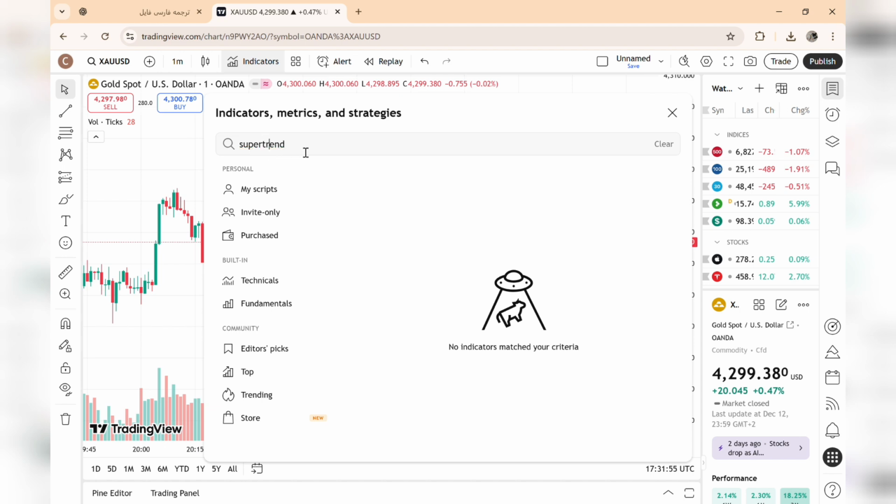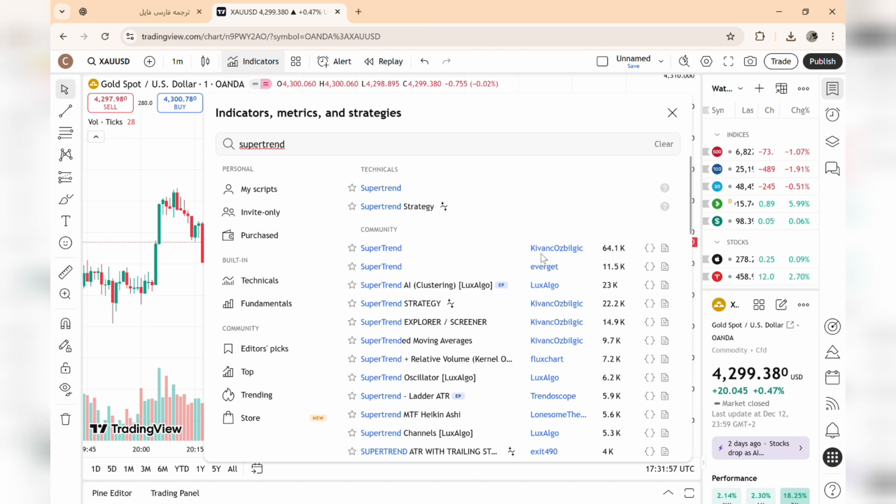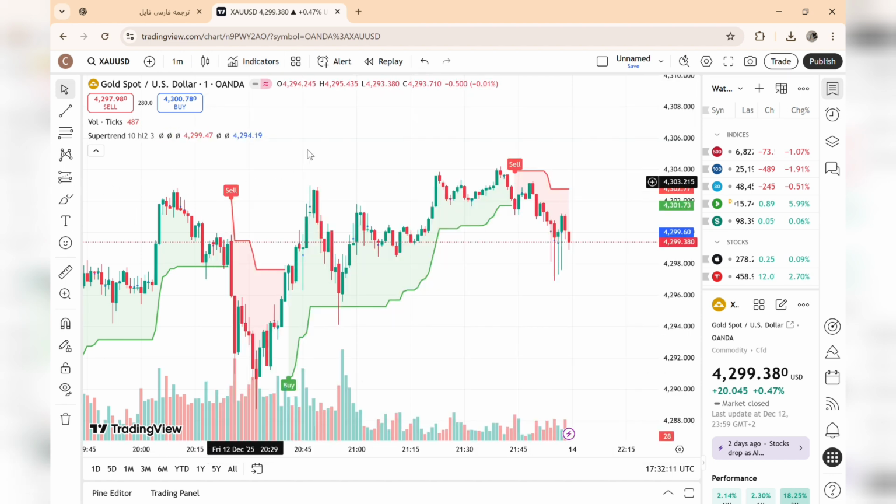Also, these two indicators have high win rate, and as you can see for yourself, you can easily backtest them and verify the results. Now choose this one, the Supertrend indicators, and also I type the name here for you.